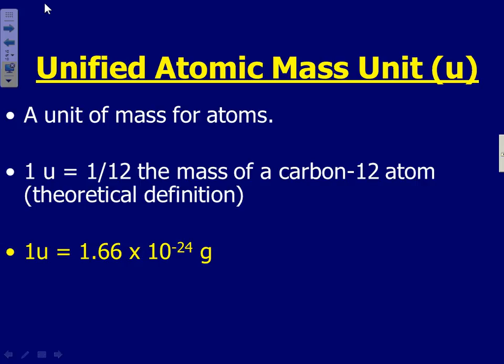Along with the advancements of science, we now know exactly how much this 1 U is. It turns out it's 1.66 times 10 to the minus 24 grams. It's a tiny little number. But we're talking about a tiny little particle, so it doesn't have a lot of grams. So when we talk about atoms and protons and neutrons, it doesn't make sense to talk about grams.